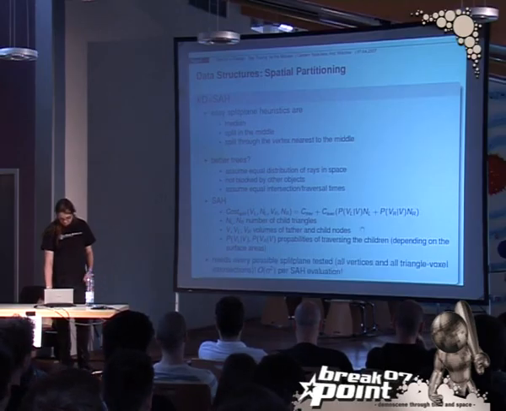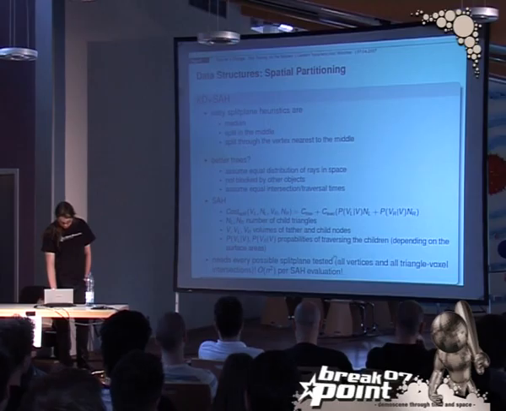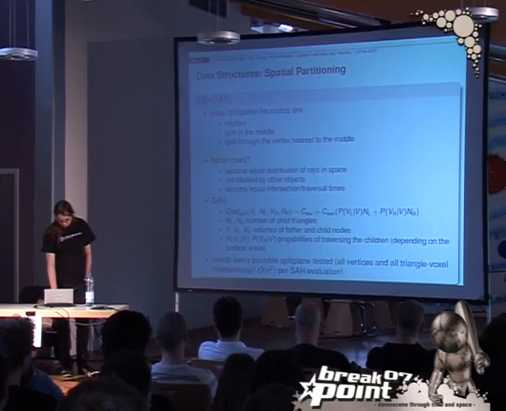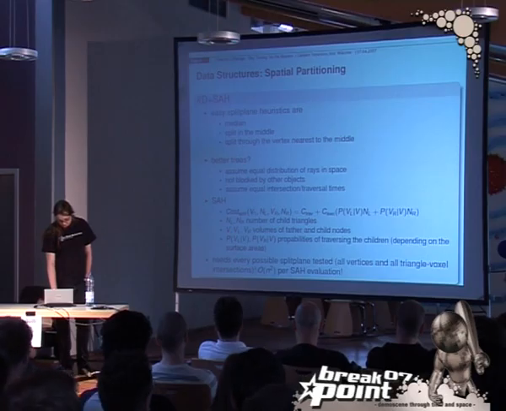But the problem is, for every possible split plane, we will have to calculate this term here. So for all vertices and all triangle voxel intersections, you will have to sort the triangles to the left, to the right.